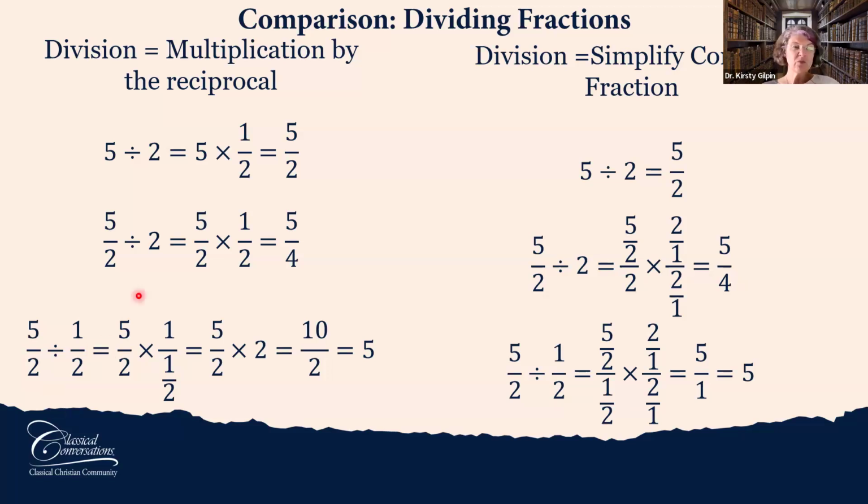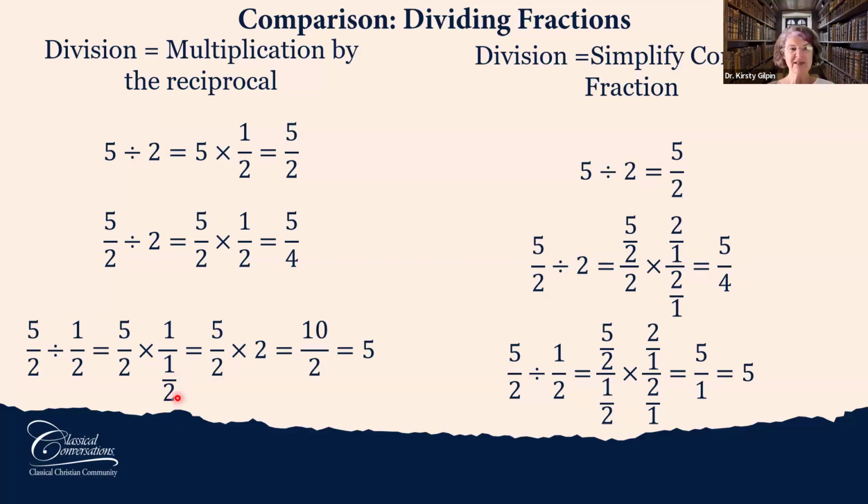But I can write this as multiplication by the reciprocal. So I have my 5/2 times 1 over 1/2, right? 1 over 1/2 is the reciprocal of 1/2, which is 2. Usually we skip this step here and we just go straight to 2 because we just flip them for the reciprocal.